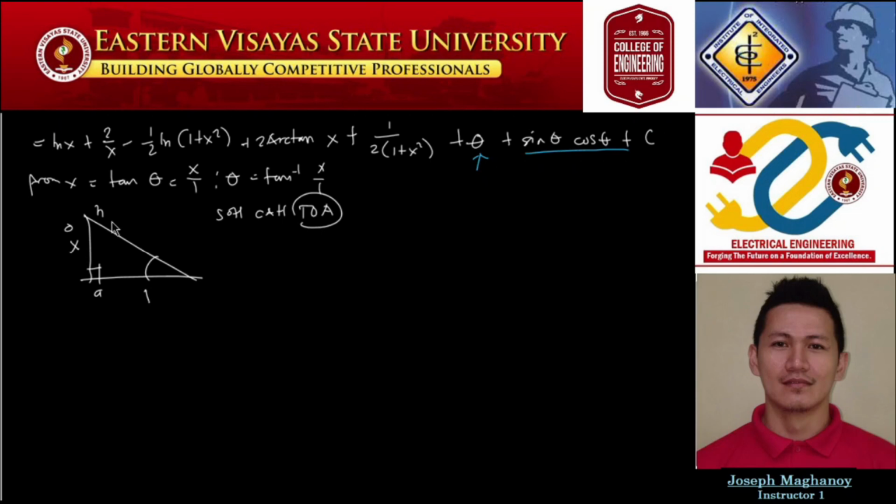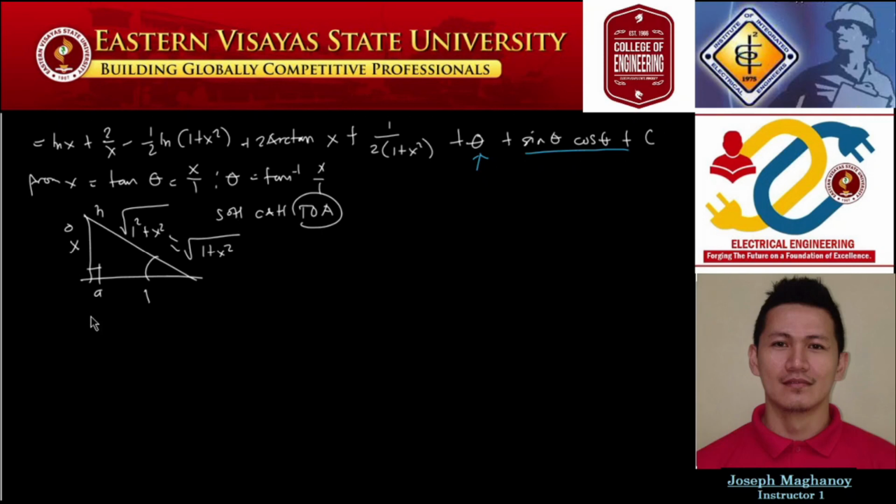So we can determine our hypotenuse: 1 squared plus x squared, under a square root, so the hypotenuse is the square root of 1 plus x squared.